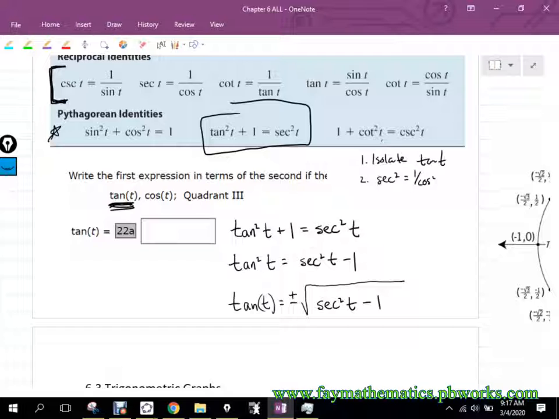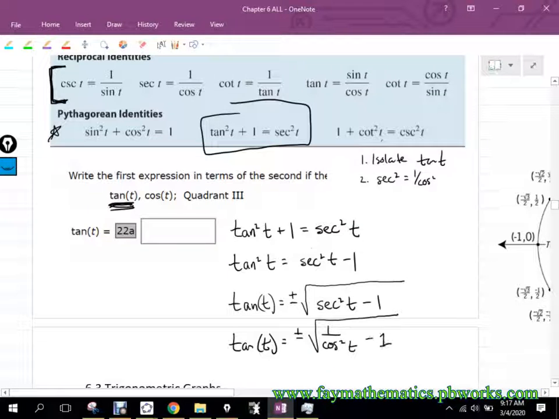In terms of secant, okay? We're close. Now all we have to do is make the substitution that tangent of t is equal to plus or minus the square root of 1 over cosine squared t, minus 1. Okay? And that is a fine answer.